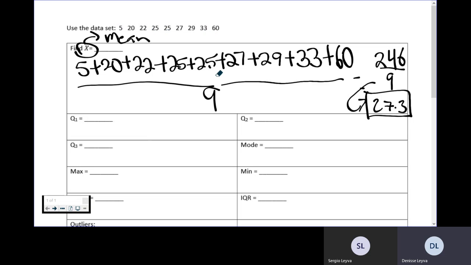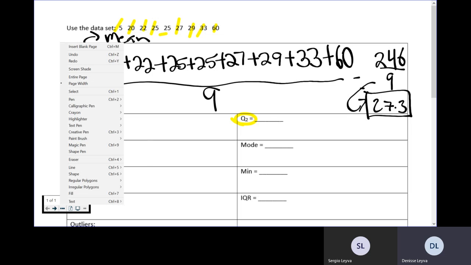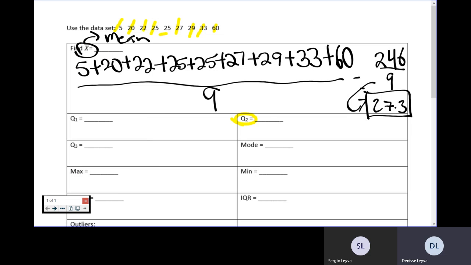So I'm going to start canceling things out, 5, 60, 10, all the way until I get to the middle. You can see that 25 would be my Q2, because that's the number in the middle.